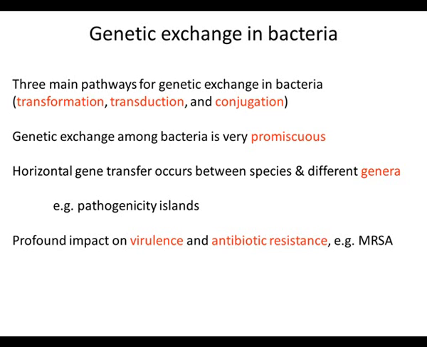As we mentioned yesterday with MRSA, this can have a profound impact on virulence, because one of the pathogenicity islands there encodes resistance to methicillin. But there are a lot of other islands there that can affect the virulence properties of methicillin-resistant Staph aureus.